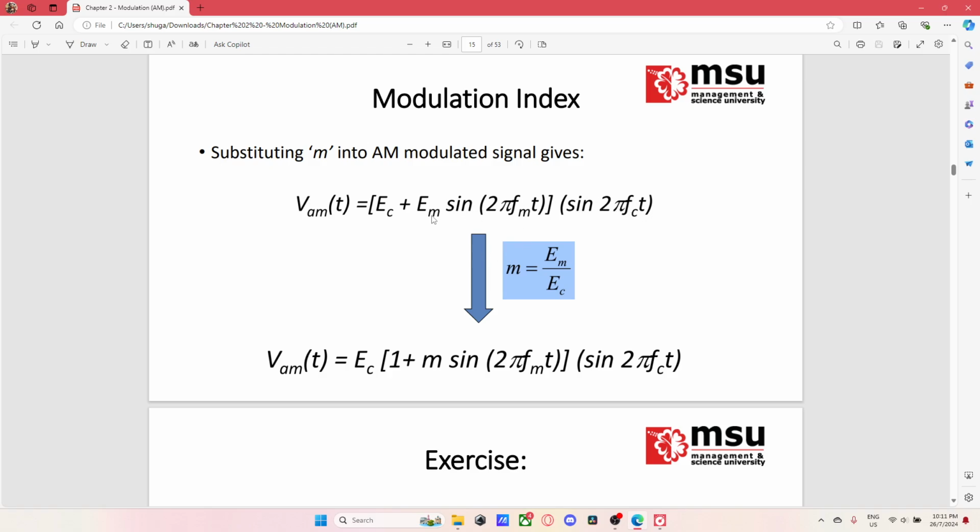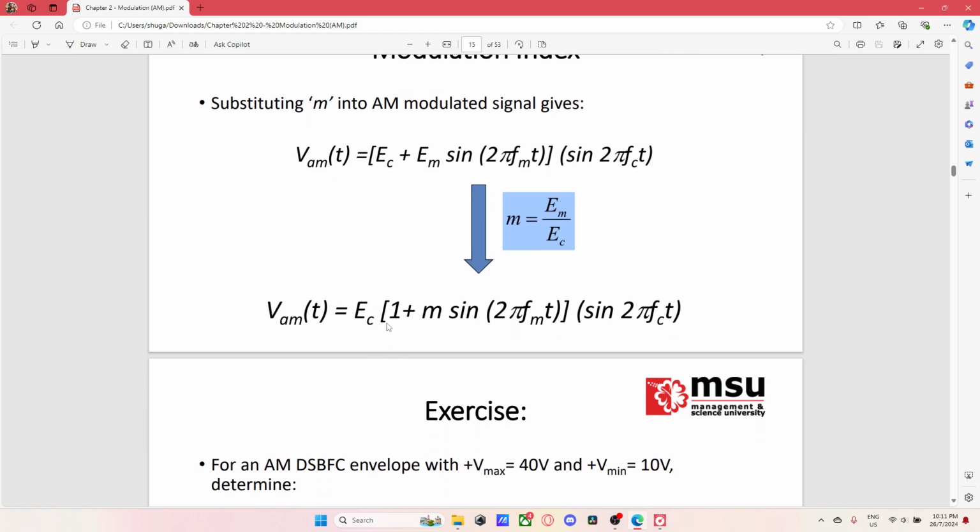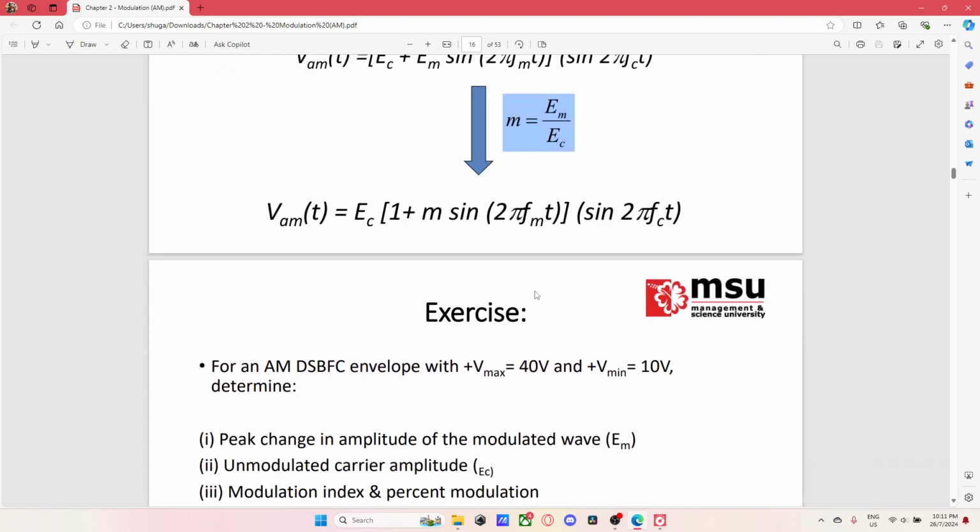The value for EM will change by using this equation: EM will be equal to M times EC. Then we pull out EC outside the bracket. It will become EC bracket 1 plus M sine 2 pi Fm t, multiplied with sine 2 pi Fc t.